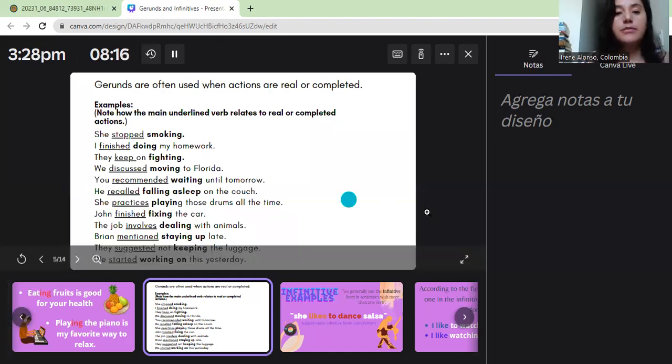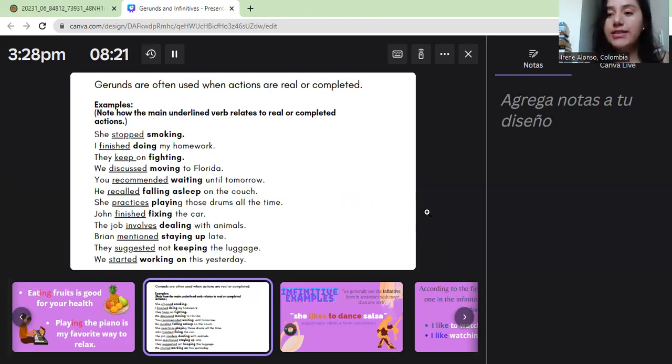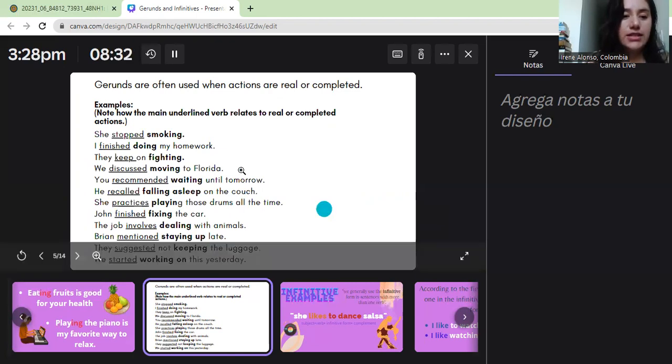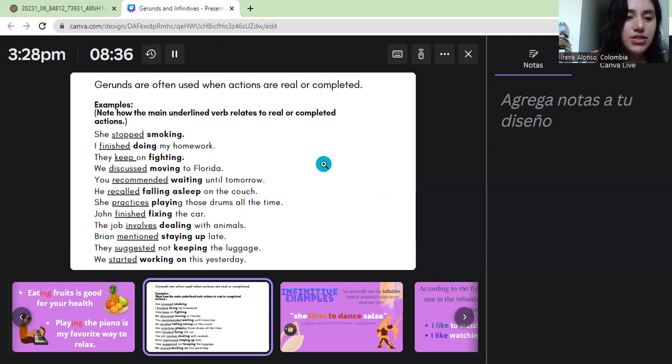And also, gerunds are often used when actions are real and completed. I copied some examples for you. As we can see, in the first example, it says, she stopped smoking.